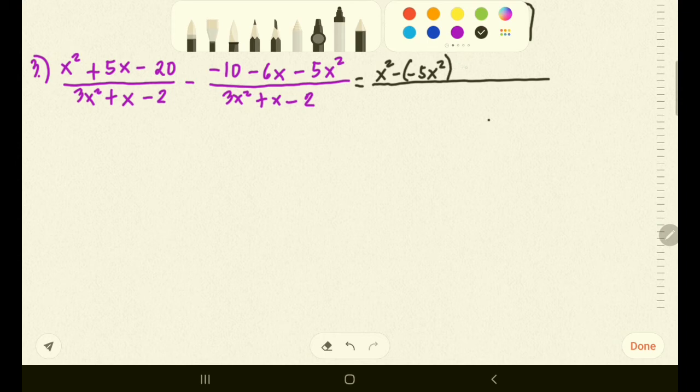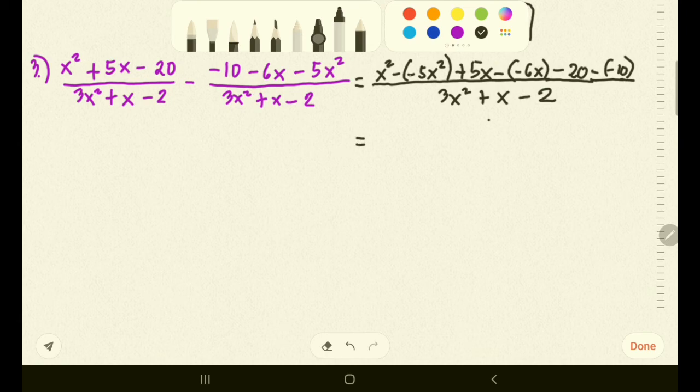And then plus 5x, and then the like term at the other side, at the other RAE, minus negative 6x. And then minus 20, then minus the like term, which is negative 10. Then copy the denominator, which is 3x squared plus x minus 2.